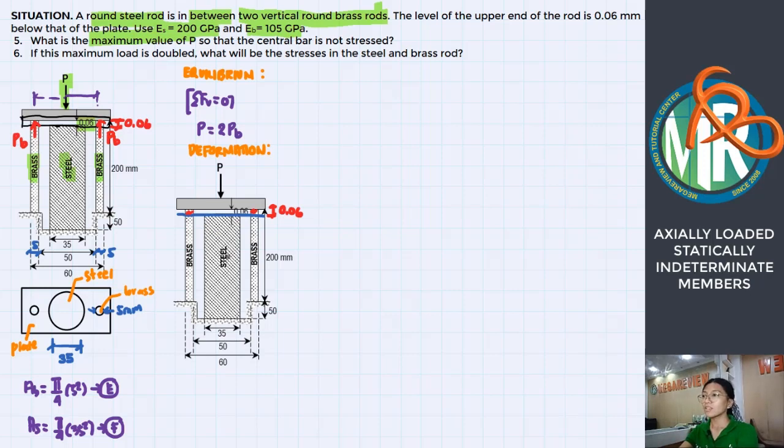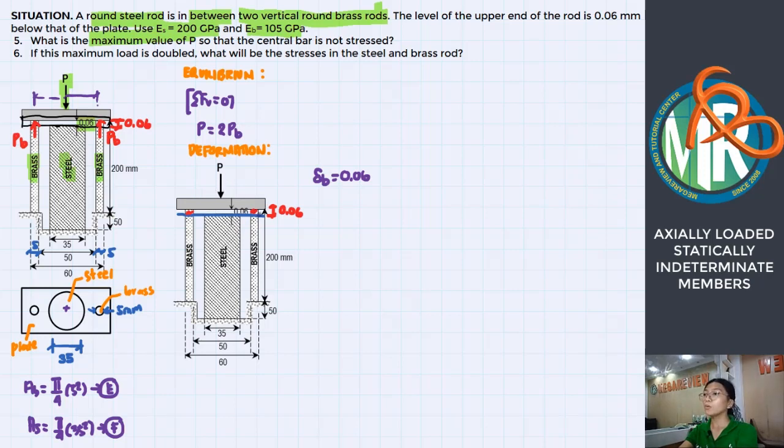In this case, since the steel rod is not stressed, there is no deformation in the steel rod. Only the two brass rods deform. So with this, we can say by their deformation relationship that the deformation of the two brass rods is equal to 0.06 millimeters. Since the force P is applied at the center, the plate will remain horizontal as the compressive force P is applied.